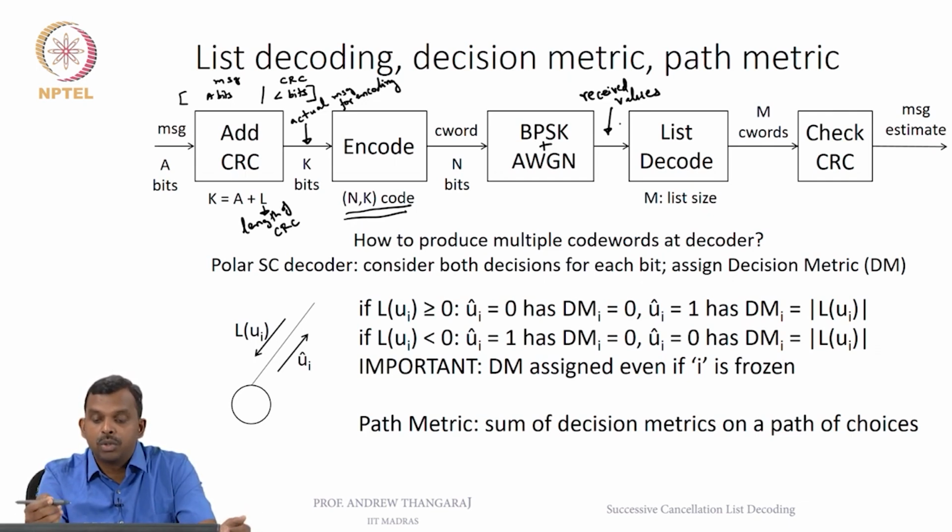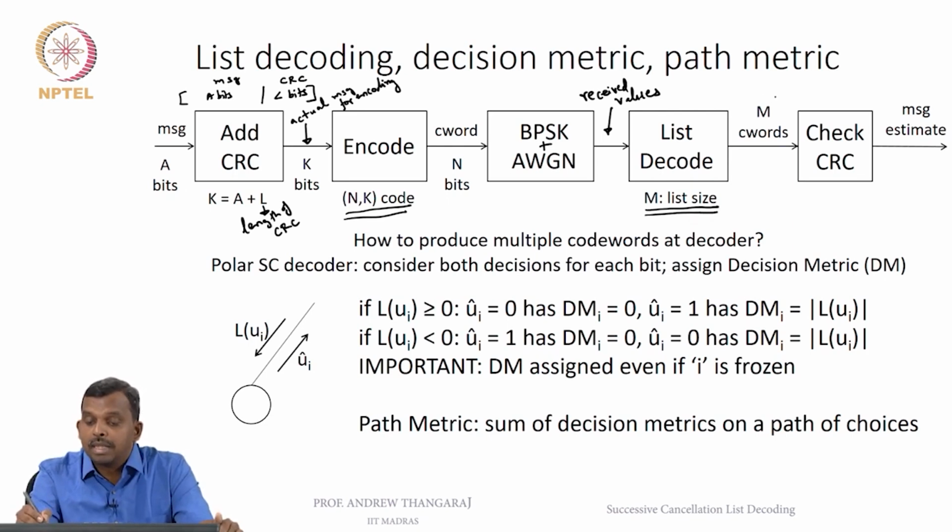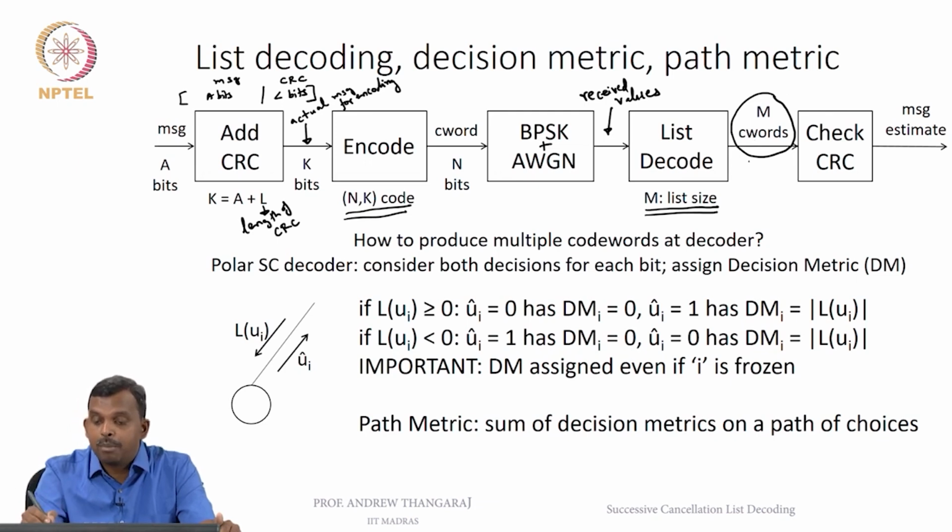You will get N received values, and you do list decode. We'll see how to do the list decoding later on, but for now, let's say we do a list decoding, and the list size is M, let's say. So the list decoder produces M code words, not just one code word, M code words. What you do here is, remember, the code word will also be N bits long. From there, you can find the M message words.